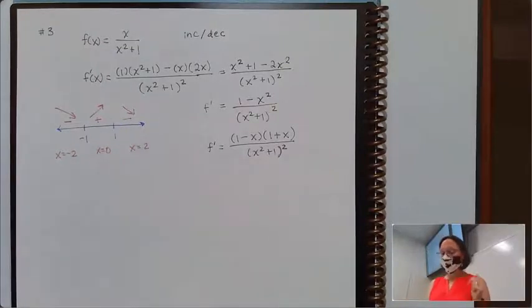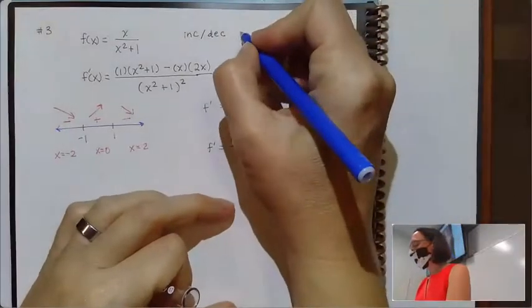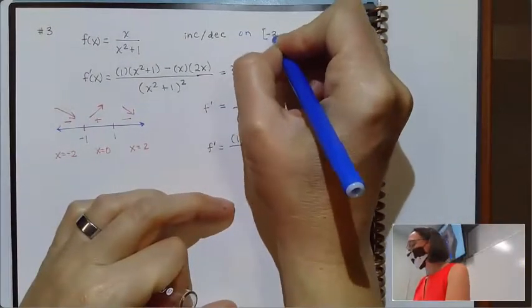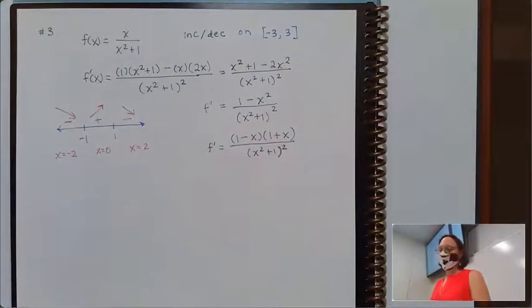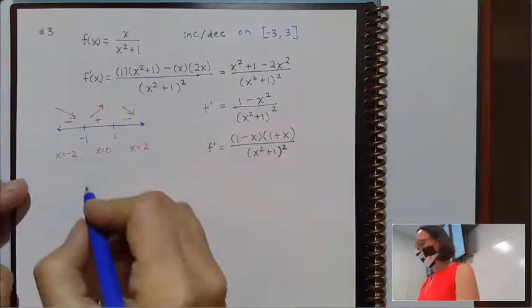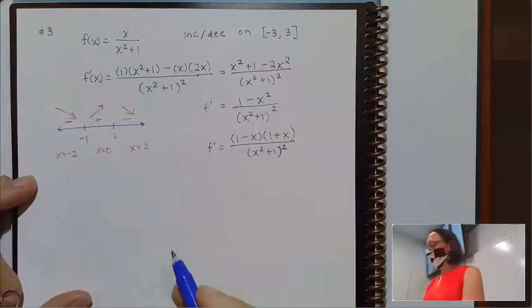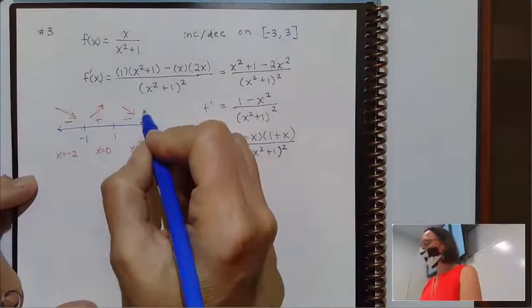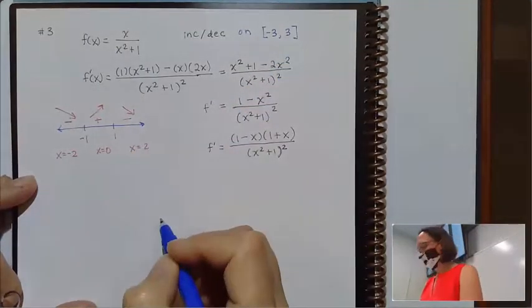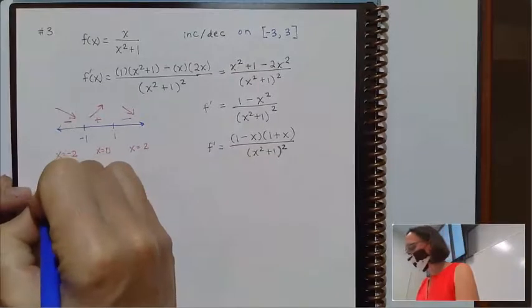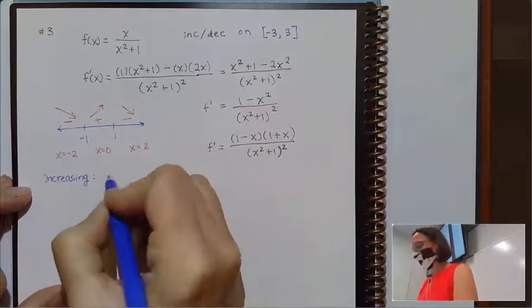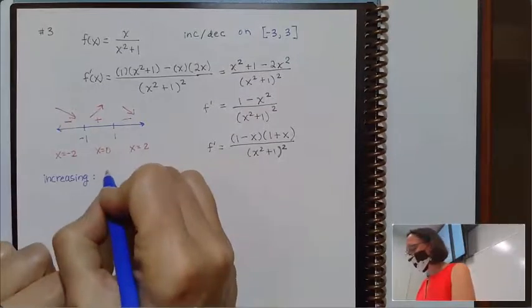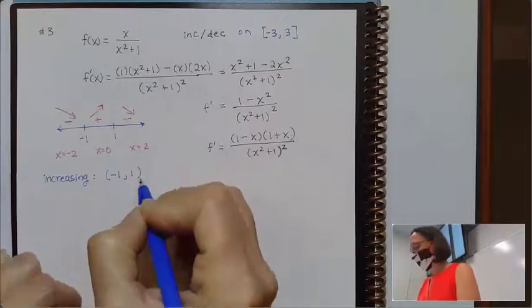The one thing that's a little bit tricky in how this is phrased is we are asked only to consider from -3 to +3. What that means is that when we write our intervals, we're going to stop at -3 and +3. So when I say that it's increasing, I would say that it's increasing from -1 to 1.